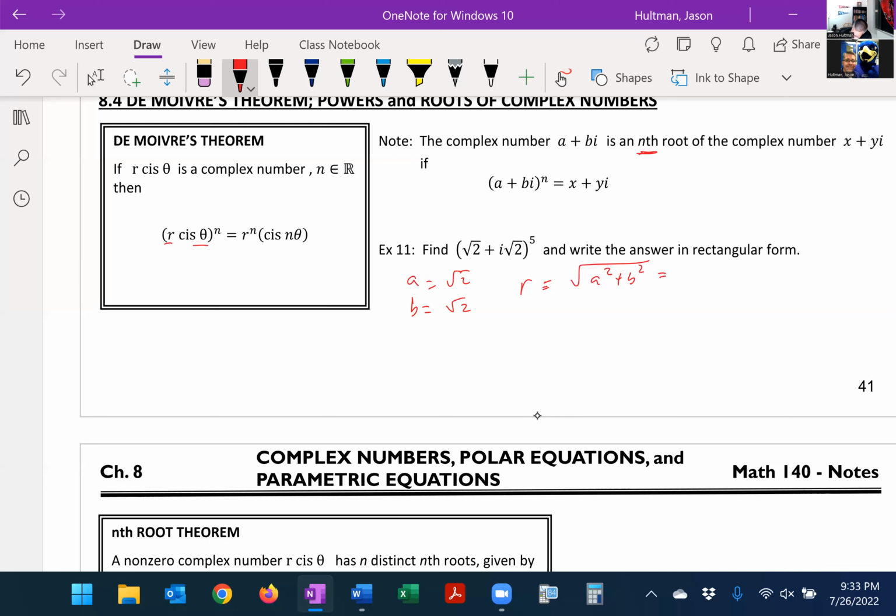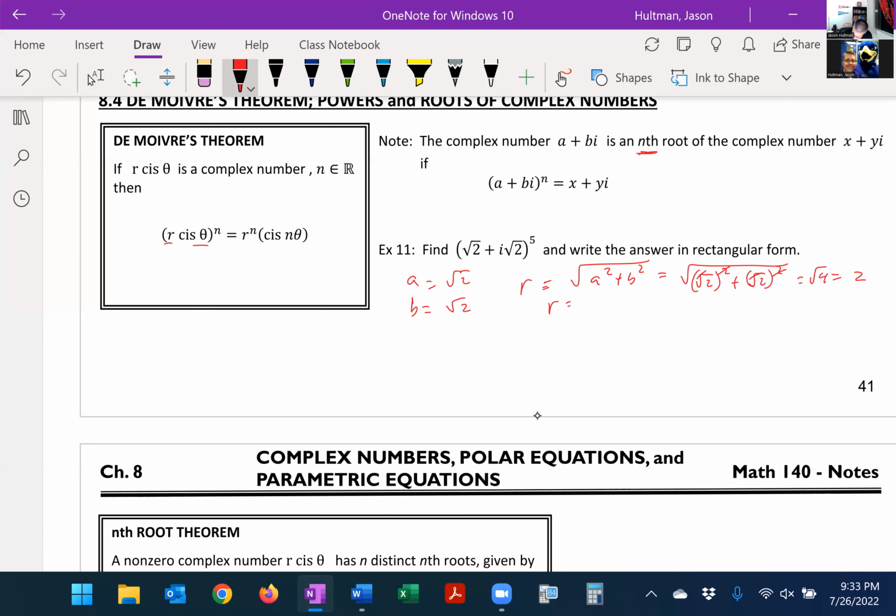So that's going to be equal to the square root of radical 2 squared plus radical 2 squared, because a and b are radical 2. Well, radical 2 squared is just 2. And so the radical and the squared are going to cancel. And so this is the square root of 2 plus 2, which is 4, which is 2. So we know r is 2.